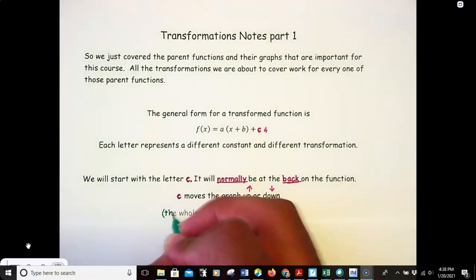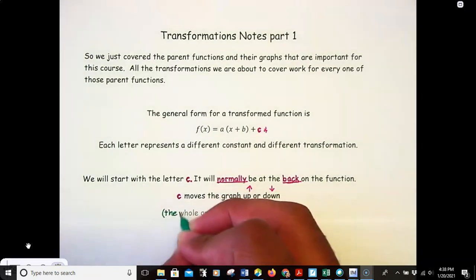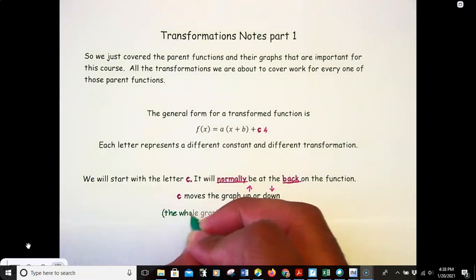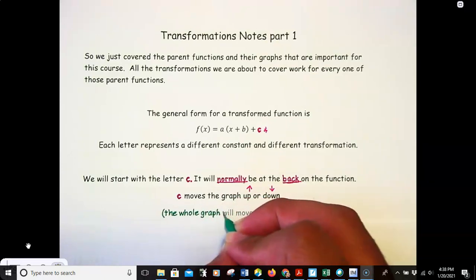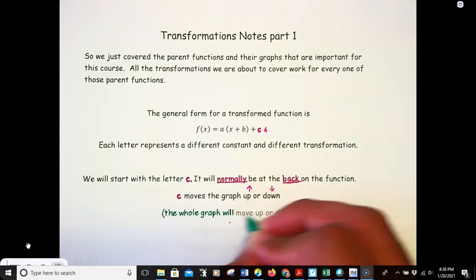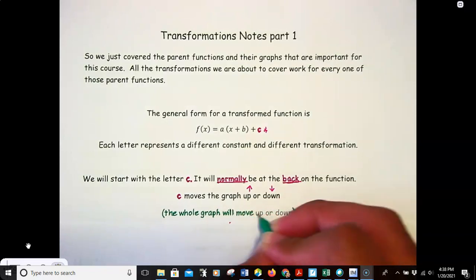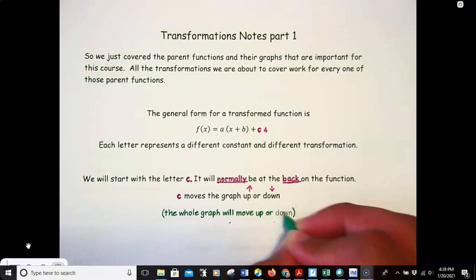The same thing happens when it comes to moving it left or right: the whole graph is going to move left, the whole graph is going to move right. So here I'm going to write this out real quick. We're going to move the whole thing up and move the whole thing down.